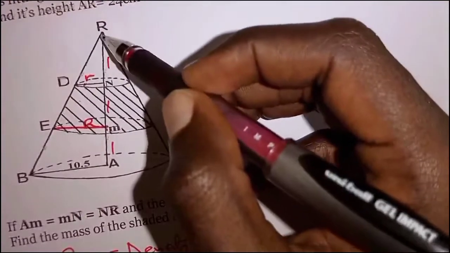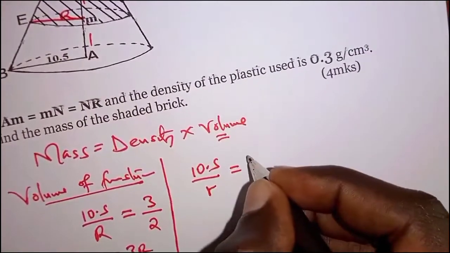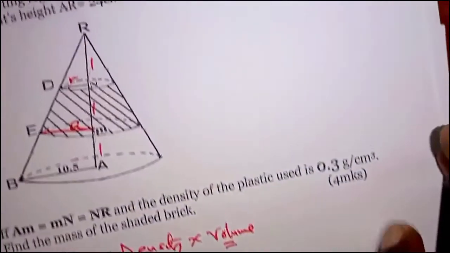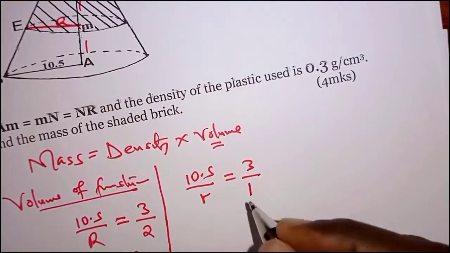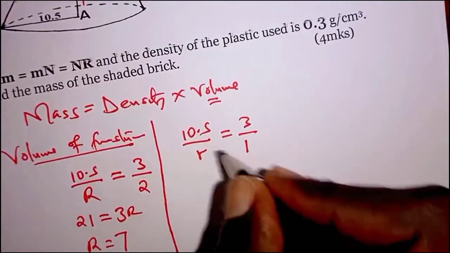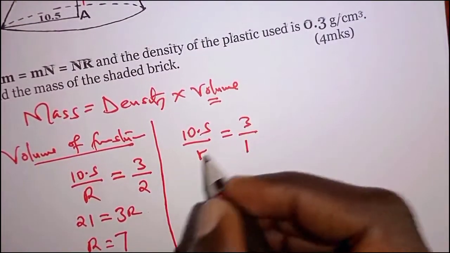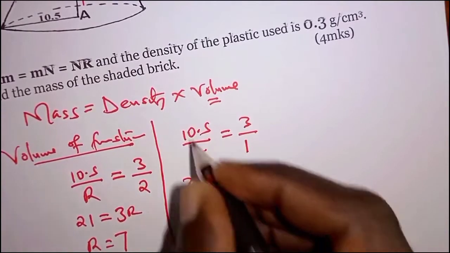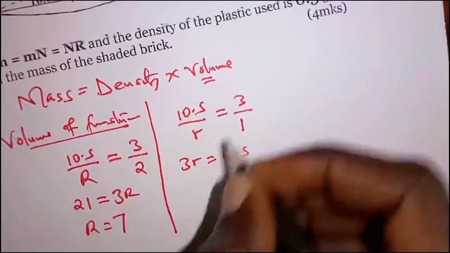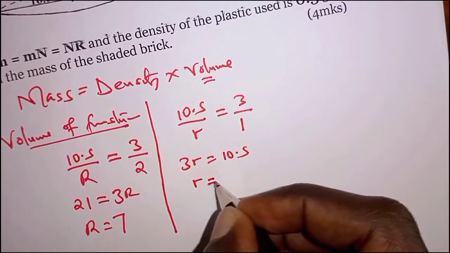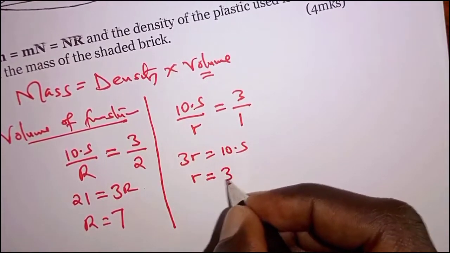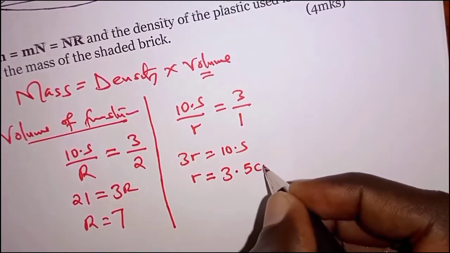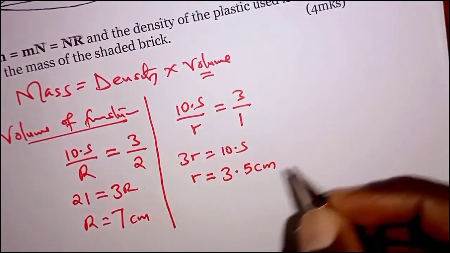Now we'll look at it in the parts as I mentioned earlier on. So we have 3 parts all over, now for this cone, it's only 1 part, so all over 1. So from here, when you cross multiply, we'll say 3r is equal to 10.5, and therefore r is, when you divide both sides by 3, we are going to get 3.5. Now these are in centimeters.